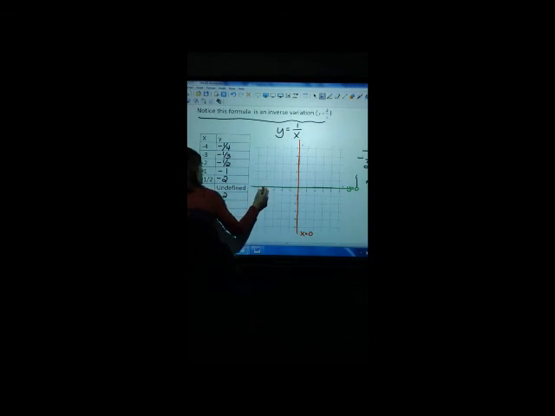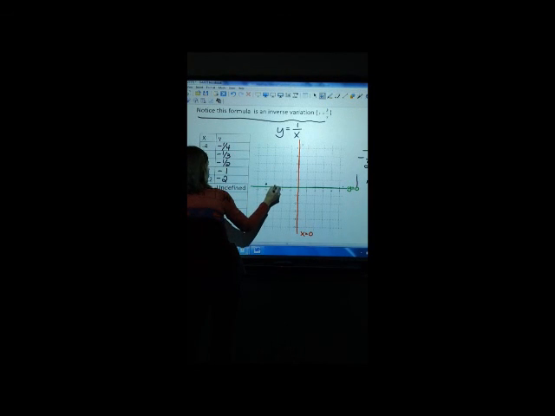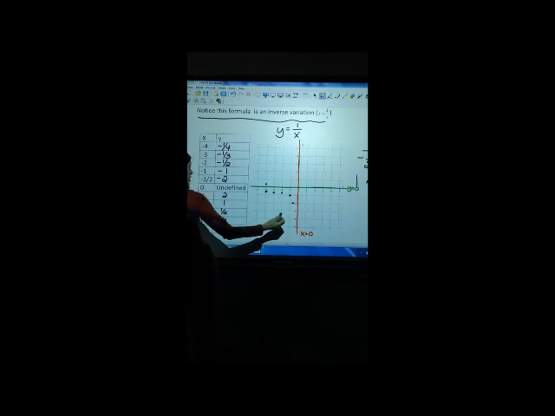So we're going to plot our points. So -4, -1/4, -3, -1/3, -2, -1/2, -1, -1. All right, -1/2, -2, right about there. Do you notice anything?